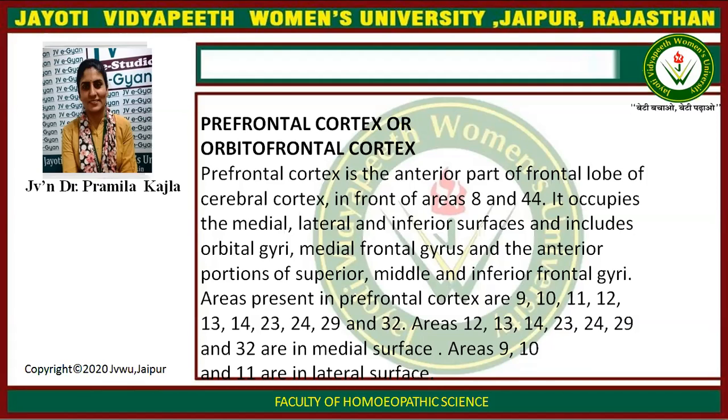Areas present in prefrontal cortex are 9, 10, 11, 12, 13, 14, 23, 24, 29, 32. Area 12, 13, 14, 23, 24, 29, 32 are medial surface, and area 9, 10, and 11 are in lateral surface.